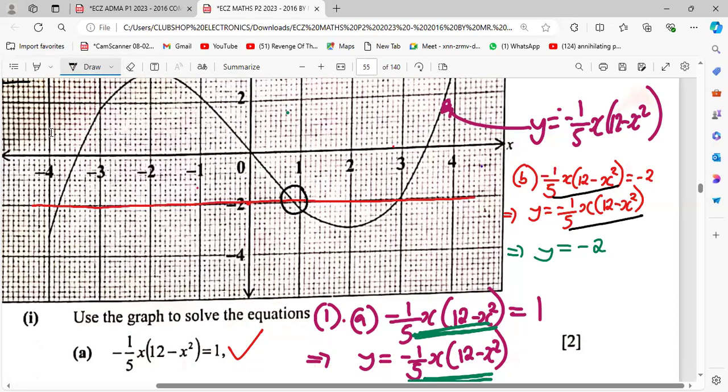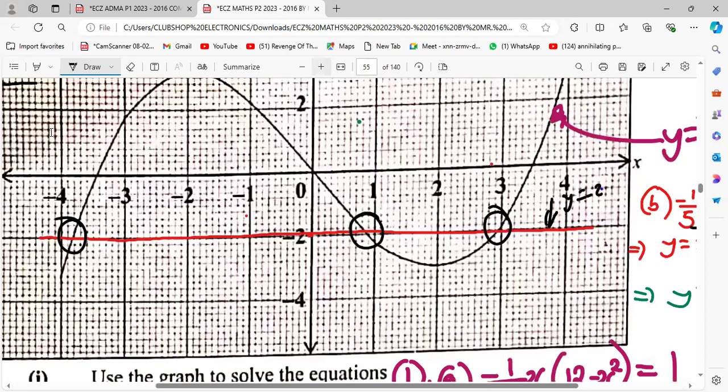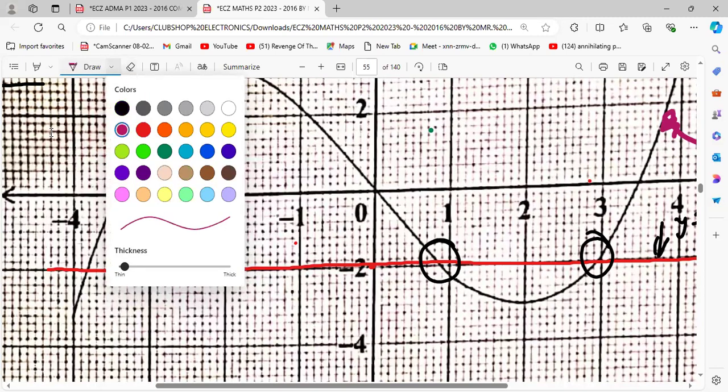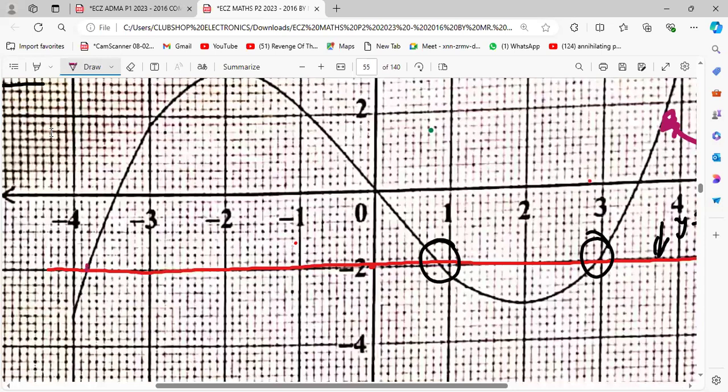Yes, sir. Then we have 3 points of intersection where the line we have drawn, y is equal to -2, is meeting the curve here and there. At these 3 points, we must find the values of x. The first point of intersection is somewhere here, so you can come here and find the value of x.